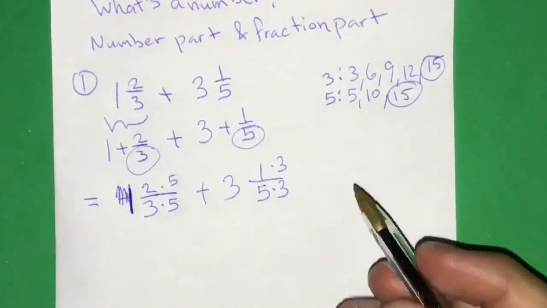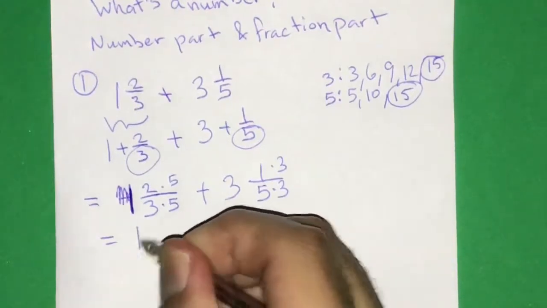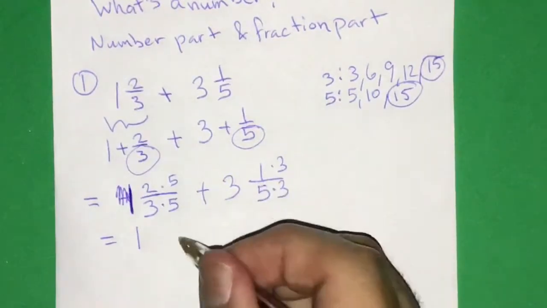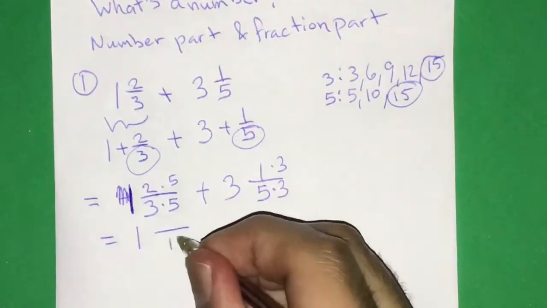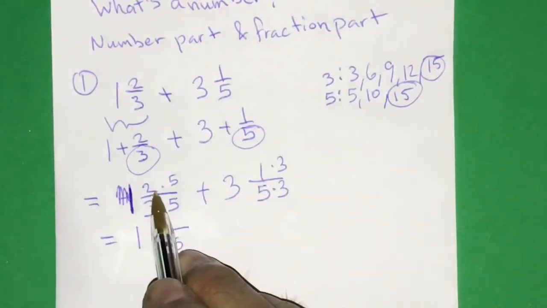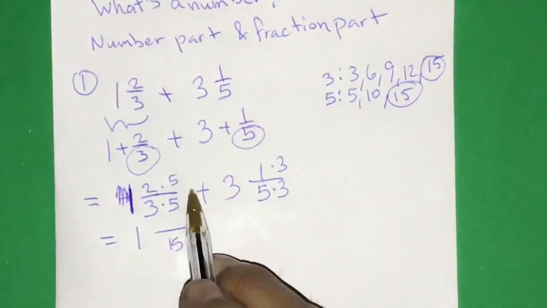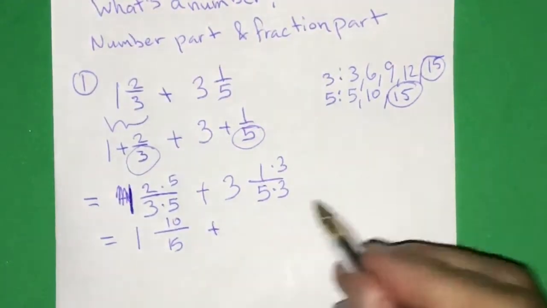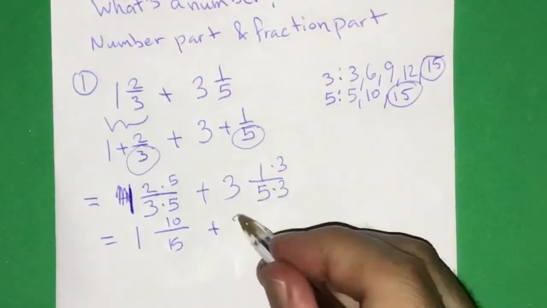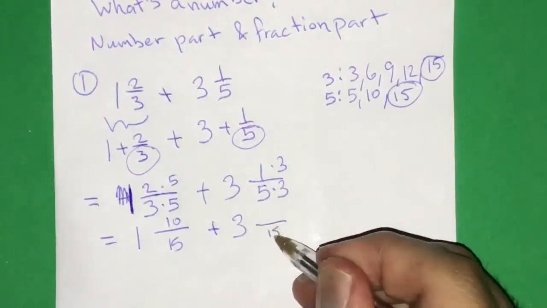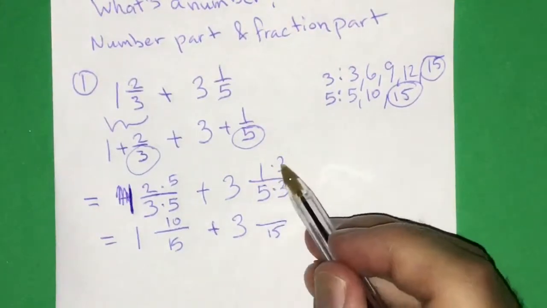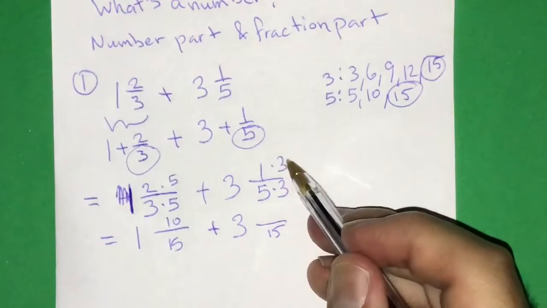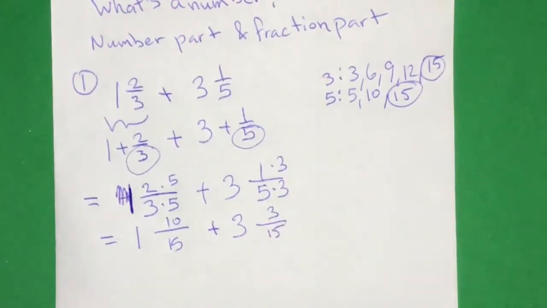Now we can rewrite this. We get 1 and, the denominator is going to be 15, and the numerator is 2 times 5, so that's 10, plus 3 and, the denominator is 15, and the numerator is 3.